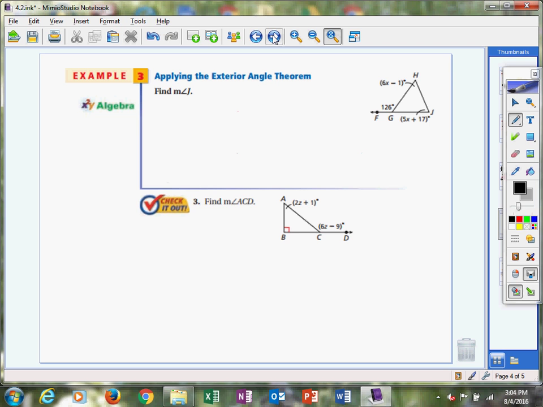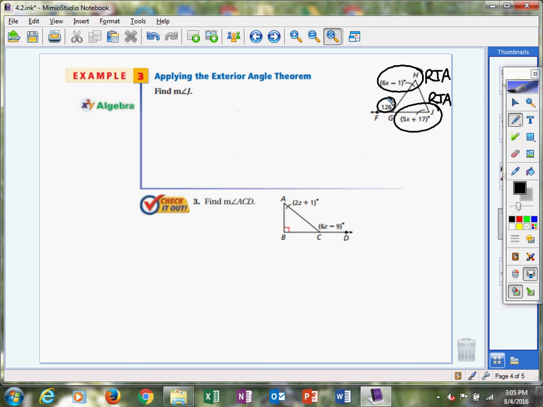Okay, so let's apply this theorem to this next problem. They want us to find the measure of angle J. So this is what they're asking us to find right here, what I've got circled. There's angle J, and angle J is 5x plus 17. So what do we know? Angle J is a remote interior angle, and angle H is a remote interior angle to this exterior angle 126.